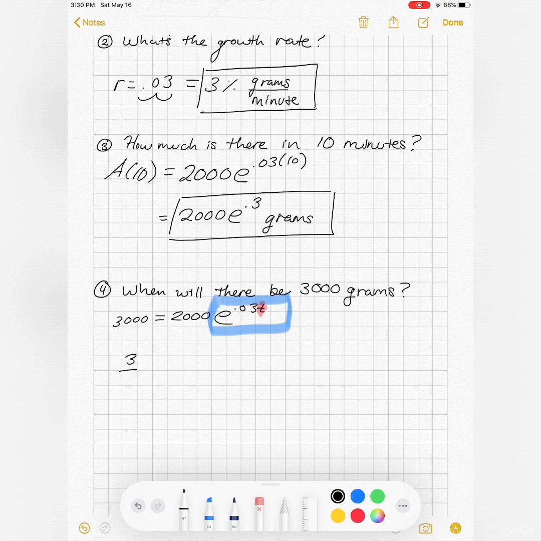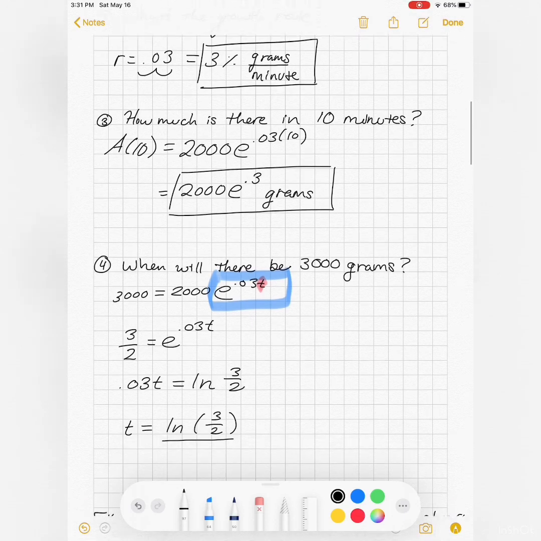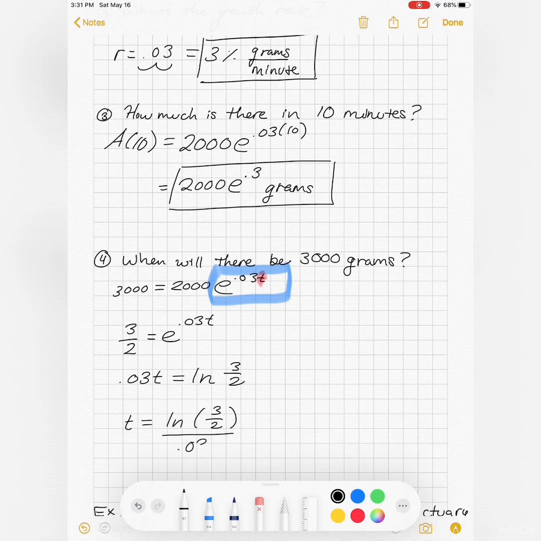So I would divide by that 2,000, then change to log form. So it's the exponent is the ln of the other side, and then divide. And then I have to put units, so this would be time, so in minutes.